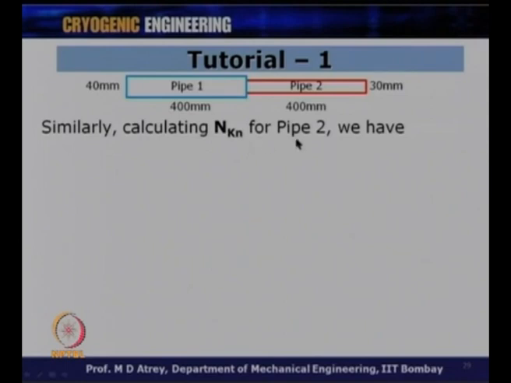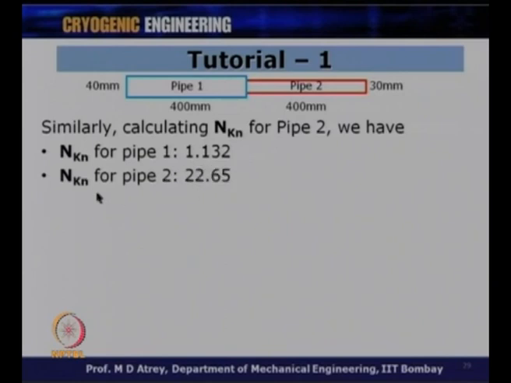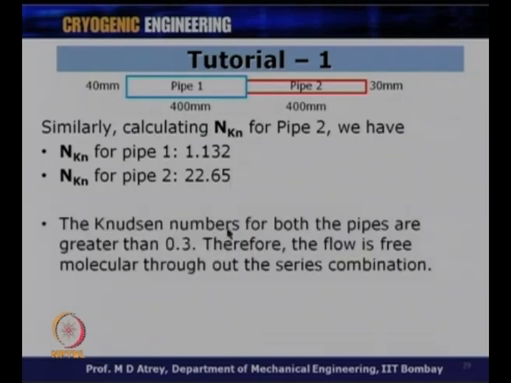Calculating the Knudsen number for pipe 2, the Knudsen number for pipe 1 is 1.132 and for pipe 2 is 22.65, which is very, very high. We have not shown the calculations again, so you can see that the Knudsen number has been directly calculated for pipe 2. The Knudsen number for both the pipes is greater than 0.3. Therefore, the flow is free molecular throughout the series combination. That is the first thing to be established, because that will now tell you which expression for conductance to use from the available table.